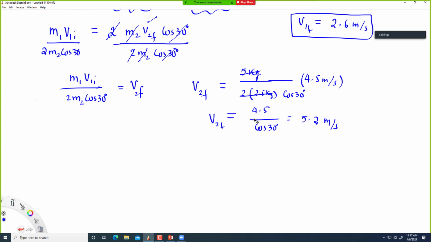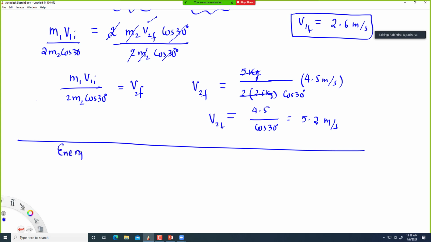Now we want to figure out whether or not it's an elastic collision. So find the total kinetic energy before collision. Energy is a scalar quantity, so you don't need to worry about vectors. It doesn't have direction. So energy before collision is the energy of the first mass, since the second mass is at rest.